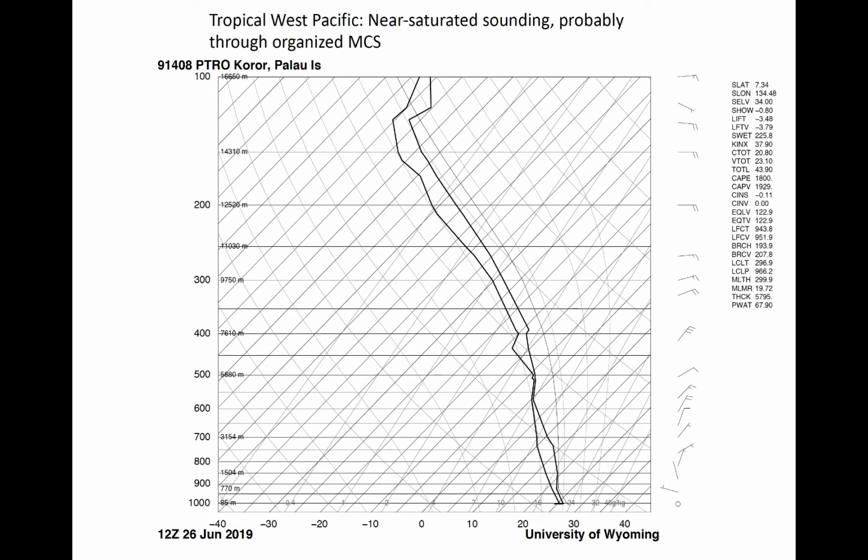The first is a sounding from Koror, the capital of the small West Pacific island nation of Palau. This sounding is nearly saturated. We can tell this because the dew point closely parallels the temperature throughout the sounding and is very close to it. In fact, the total precipitable water was a very juicy 67.9 millimeters.